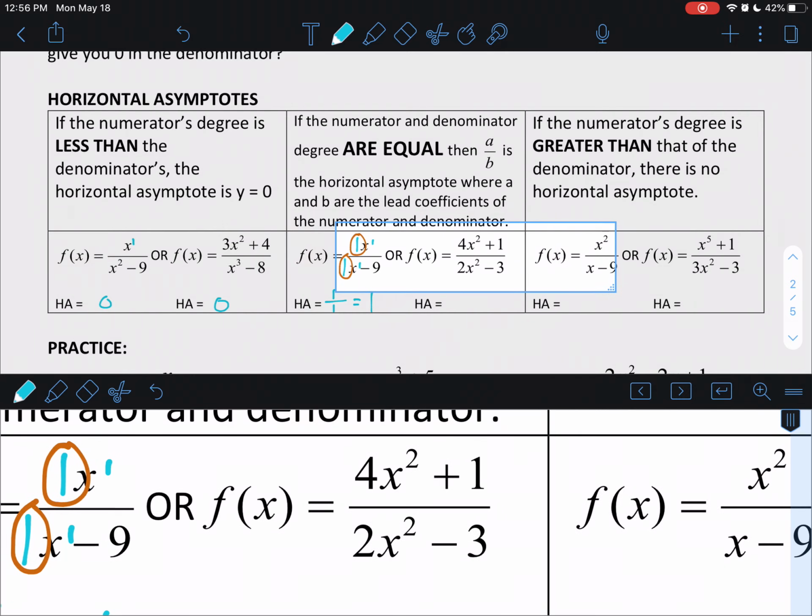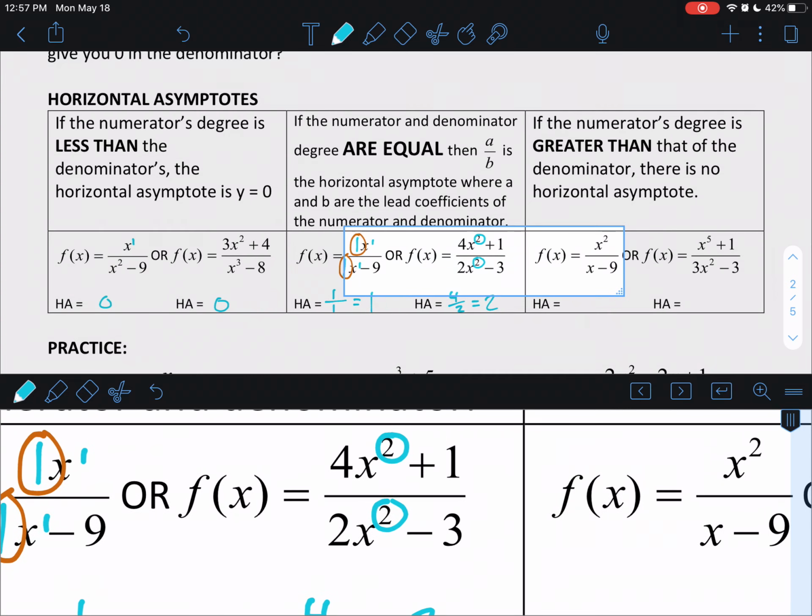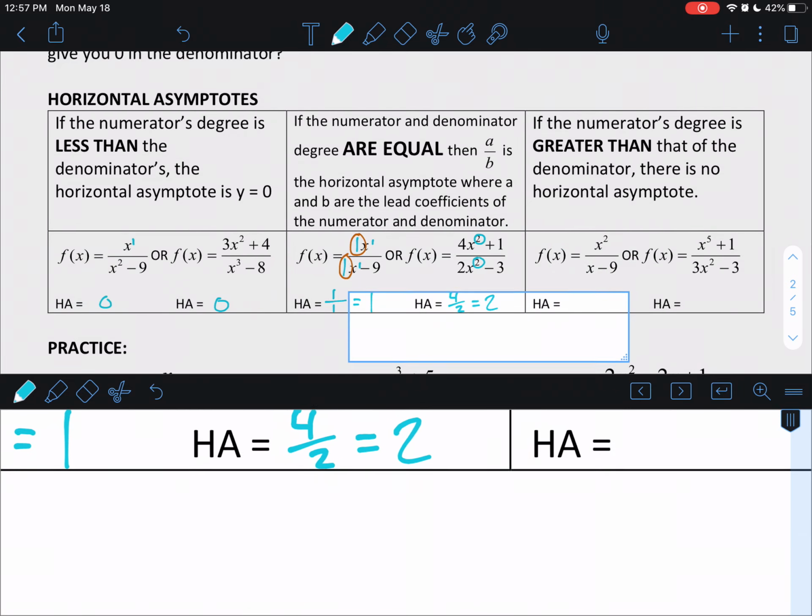And here we have x squared and x squared, so they have equal degree. So now I'm taking the 4 over 2. So the horizontal asymptote of 4x squared plus 1 over 2x squared minus 3 is 2.